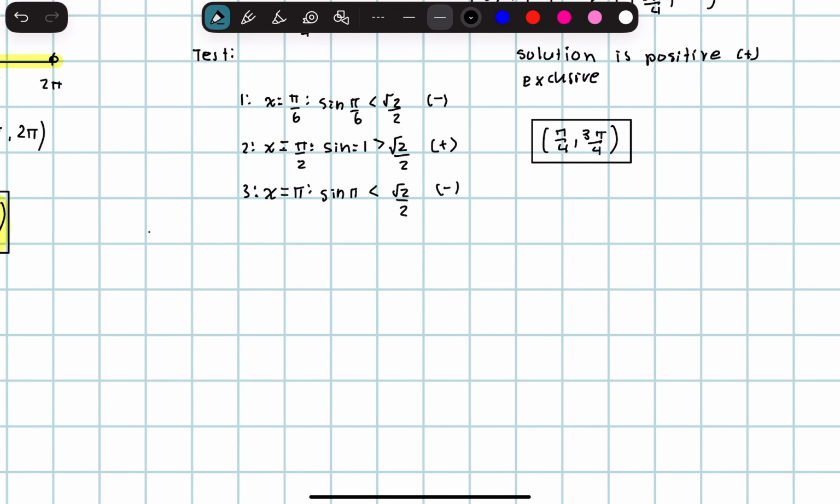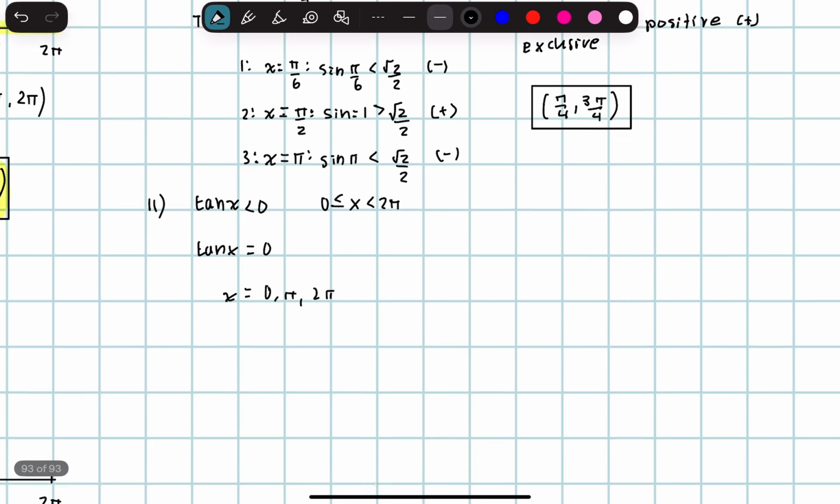Let's say we have tan of x is less than 0, and x is between 0 and 2 pi. It's already isolated, so now we can set tan of x equal to 0, and this happens at x equal to 0, pi, and 2 pi.